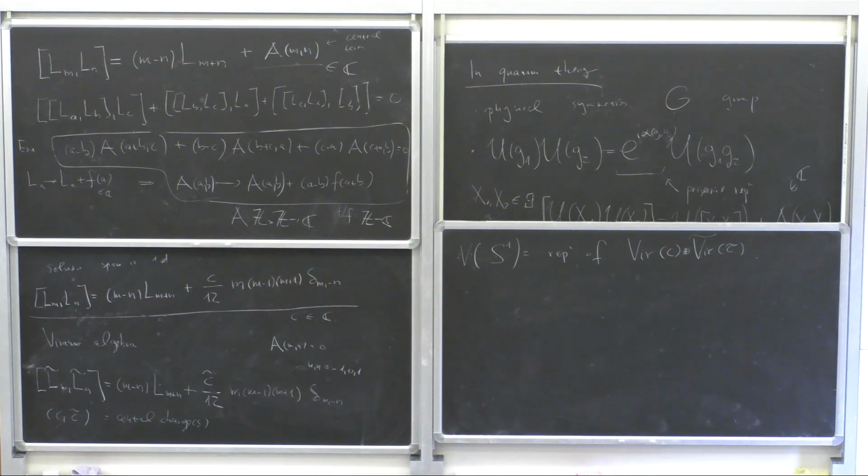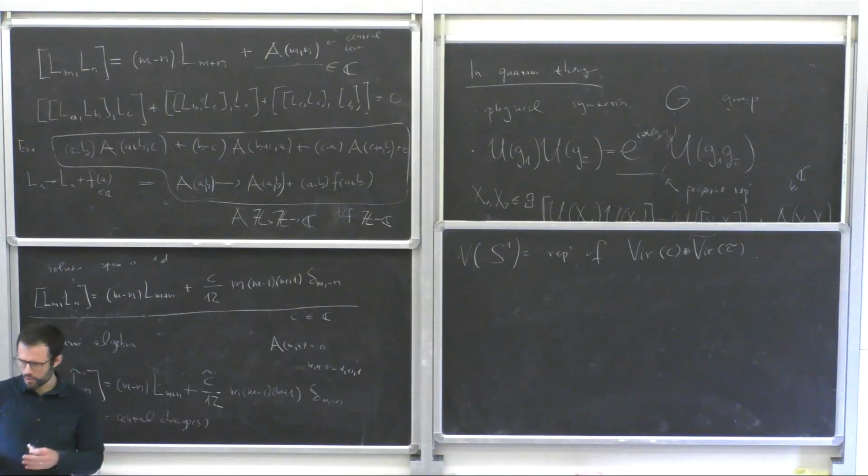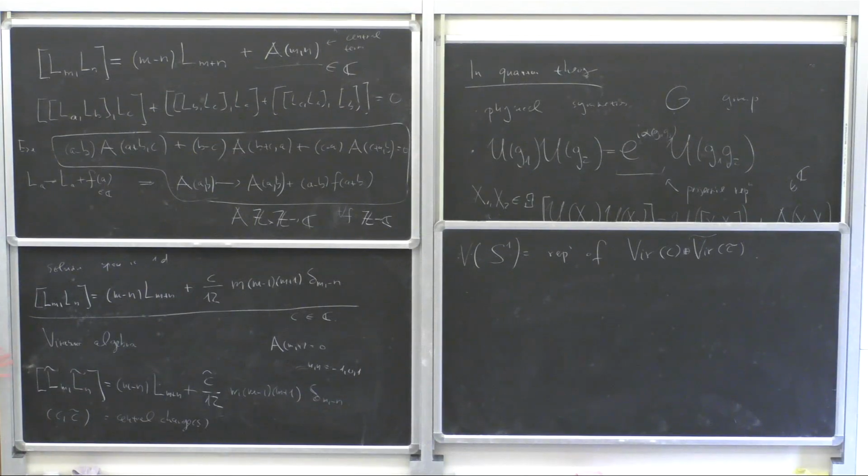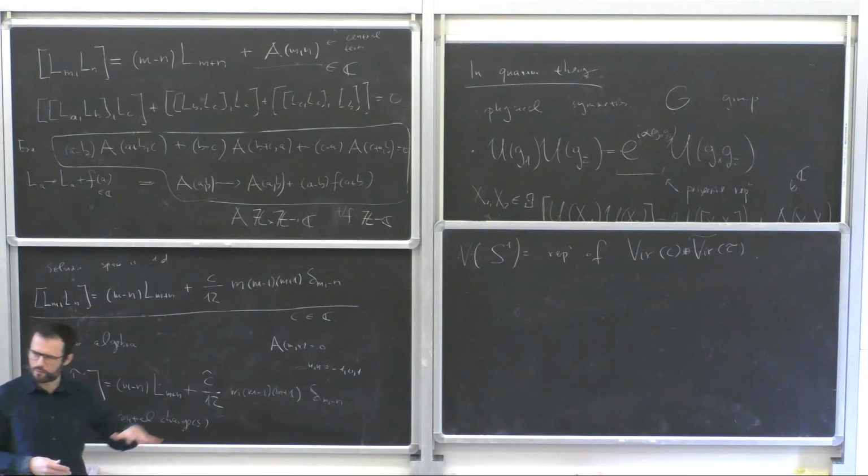But there's a way to reformulate what central charge is in general conformal field theories by talking about a stress energy tensor. In these lectures, I've been kind of avoiding talking about a stress energy tensor, but the central charge, from that point of view, measures the failure of the stress energy tensor to be a primary under the entire Virasoro group.